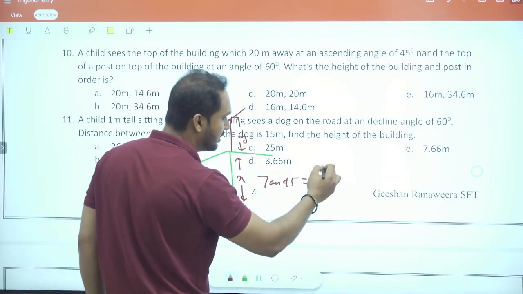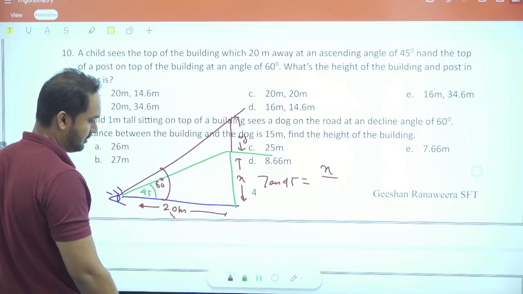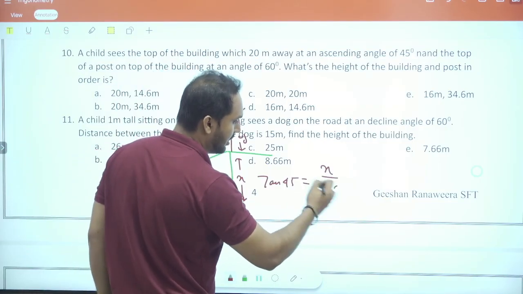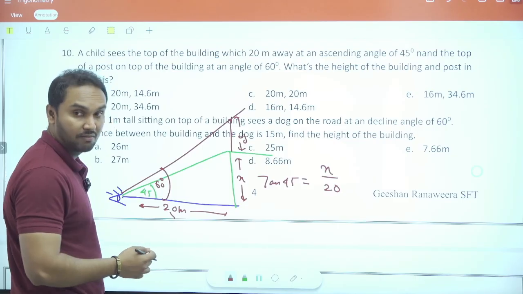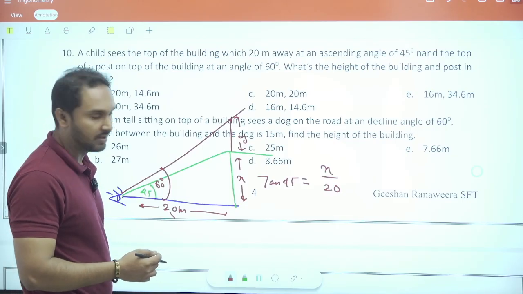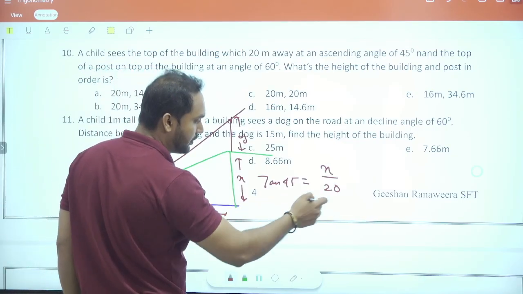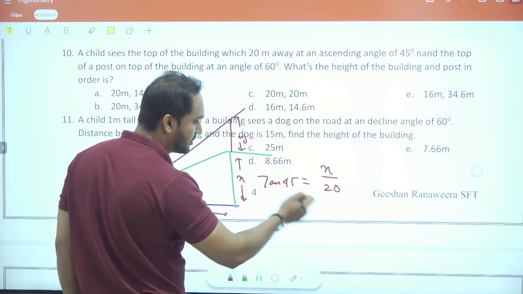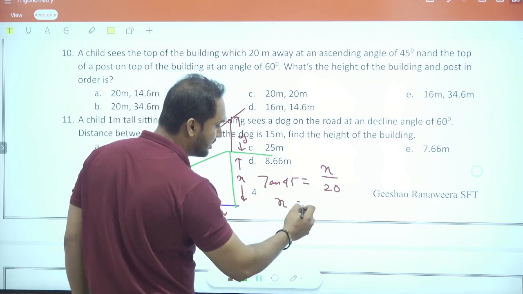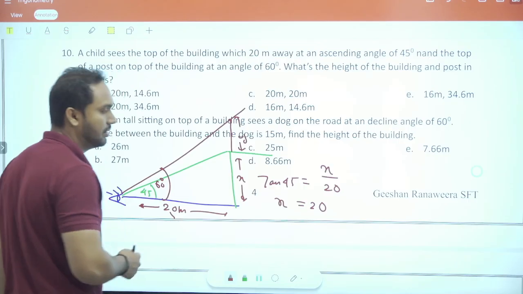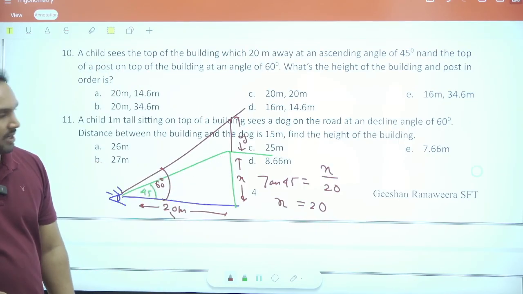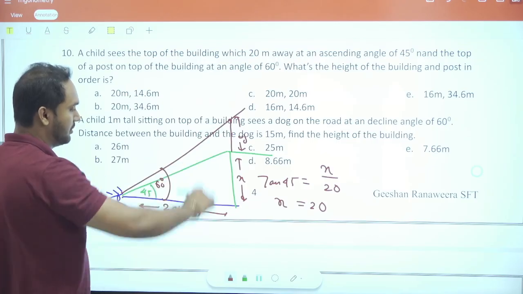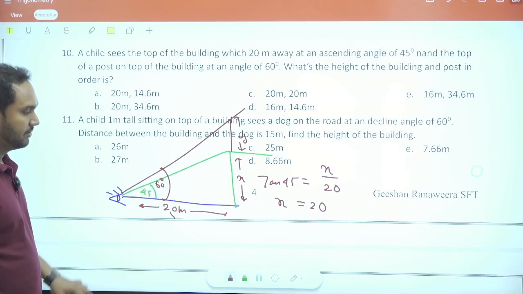So x over what? 20, right? So the tan 45 is how much? 1, right? So 1 equals x over 20. That means when you cross multiply this, x equals 20. Now we have the height of the building. 20 meters. And how do you find the y now?